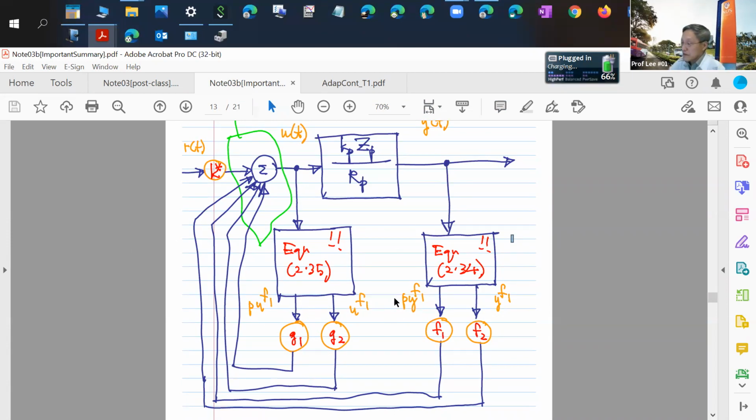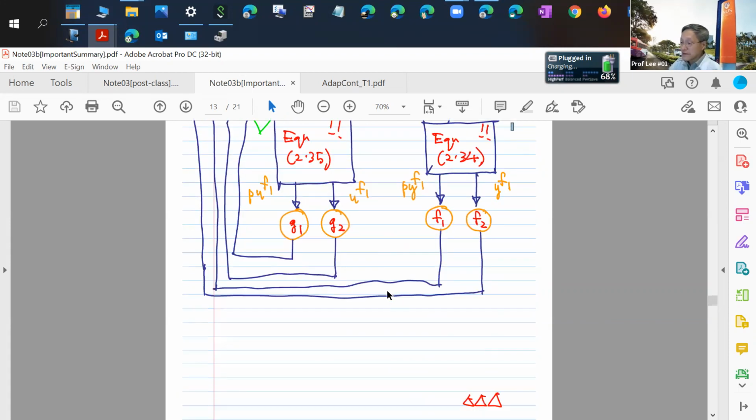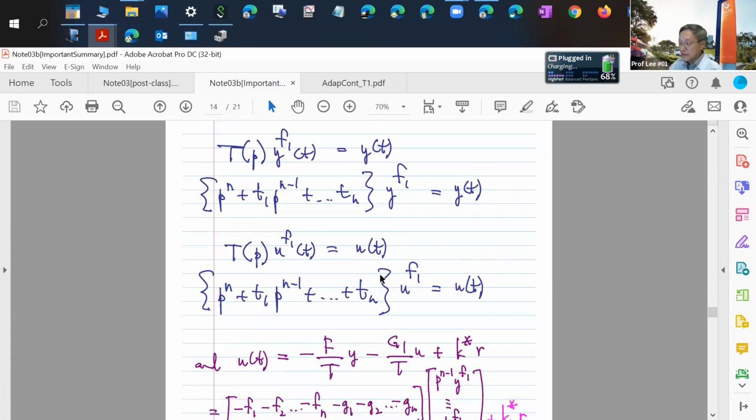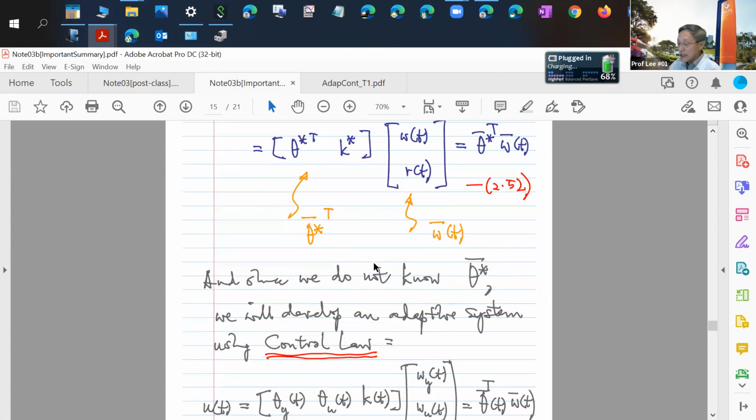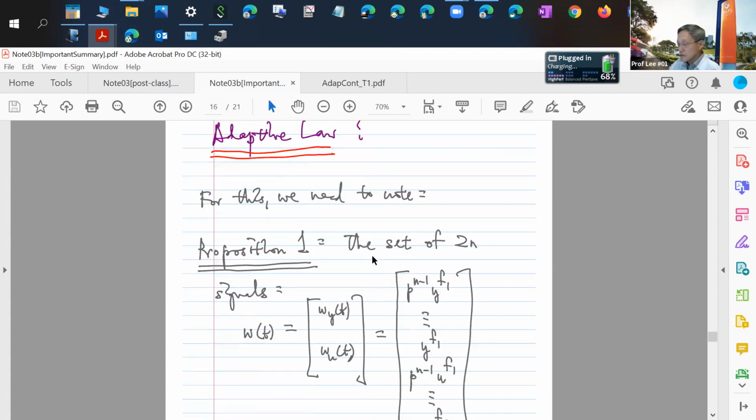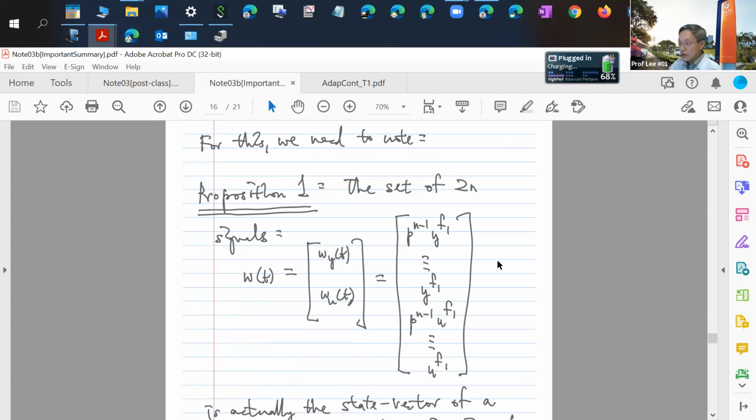More than that, before we go on to talk about how to set up the adaptive control, if you stare very carefully at this diagram, two very important results are embedded in it.